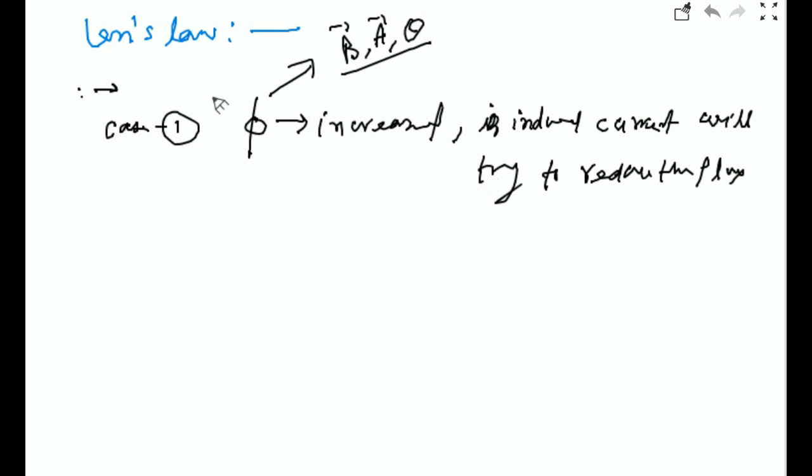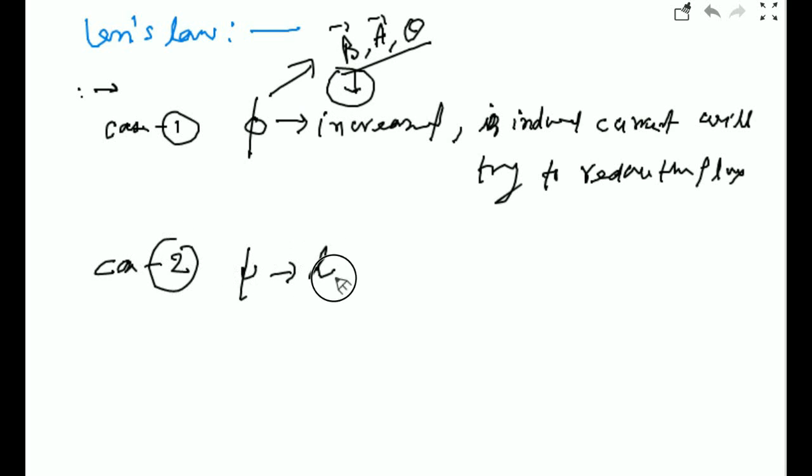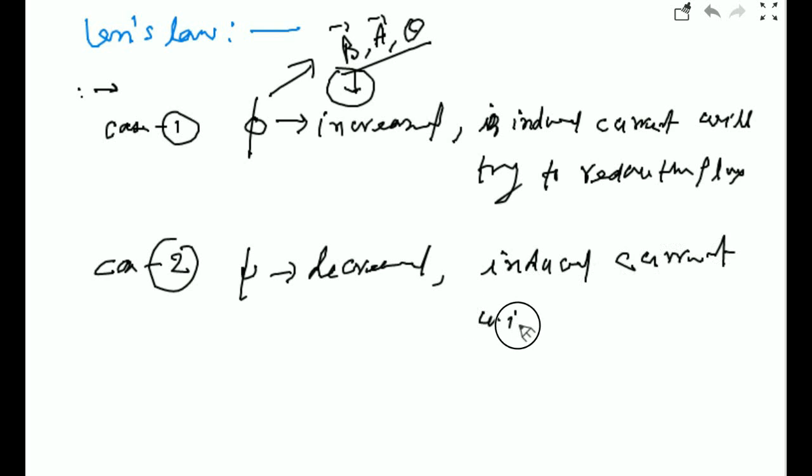So the current will try to decrease the magnetic field. This is very important here. Second point, suppose the flux is decreasing. If the flux decreases, then the induced current will increase the flux.